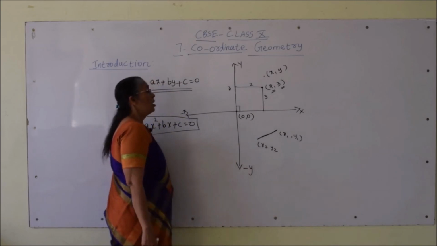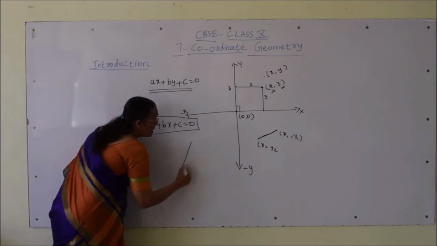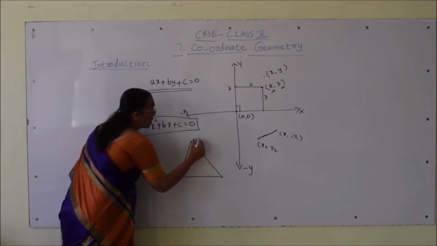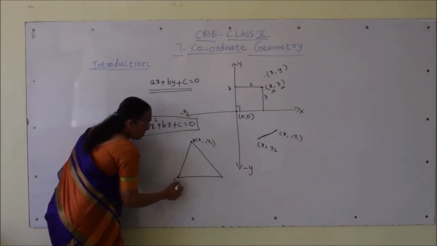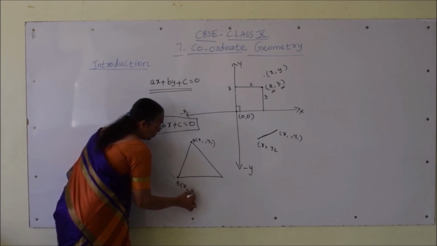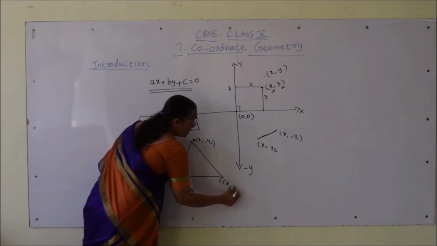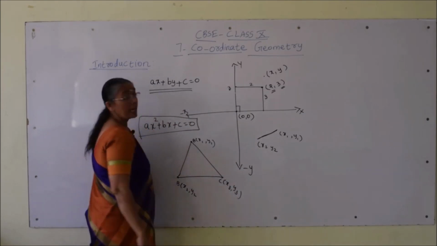And what is the area of a triangle when its vertices are given? Suppose vertex A is x1, y1, B vertex is x2, y2 and C vertex is x3, y3, then how to find the area of this triangle ABC?